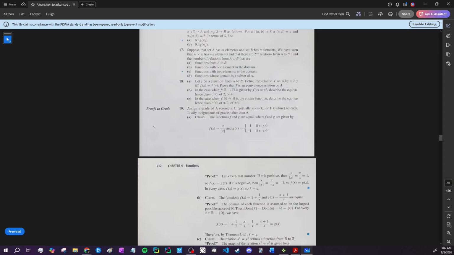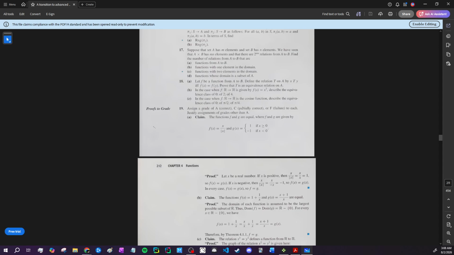The problem is, for a function, every domain element X must be mapped to a unique Y. And the only case this is the same is if the ordered pair X and Y are equal. So if in the function f there's a pair 1 1, pair 2 2, pair 3 3.